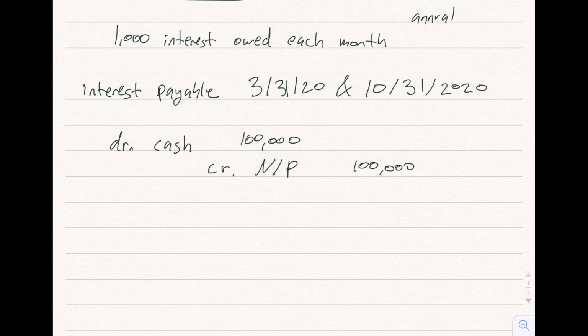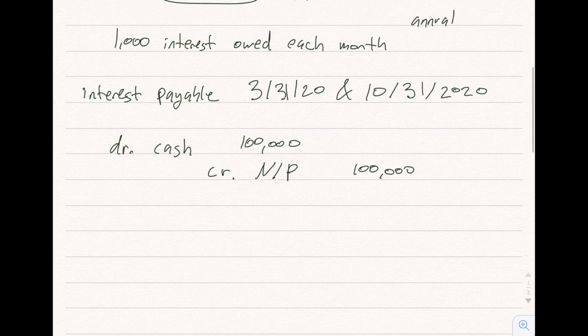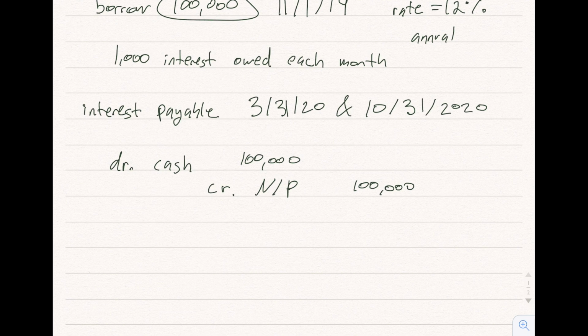So what this journal entry says is you've received $100,000 of cash, and you're gonna owe that amount, right? Plus interest. So the interest is payable in 2 periods. Again, it could depend. It just depends on what the 2 parties agree to.